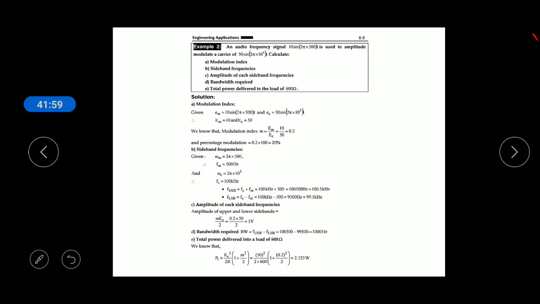So in the second example, from the time domain equation you need to find the values of carrier and modulating signal frequency, total power, as well as upper sideband and lower sideband power, as well as bandwidth. But for that you should remember the standard format of your AM signal.